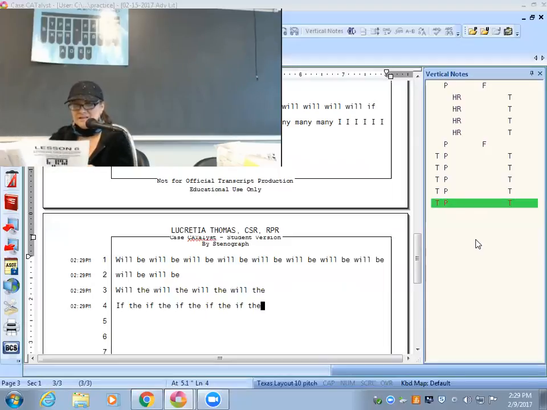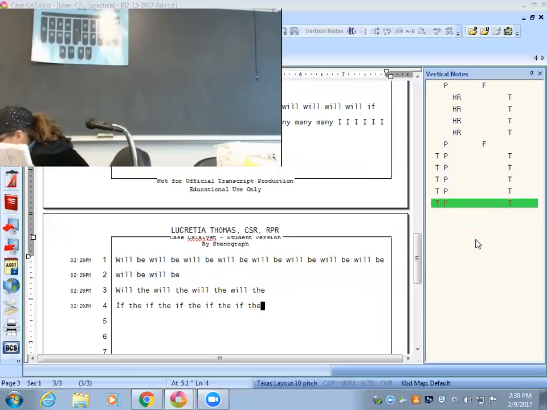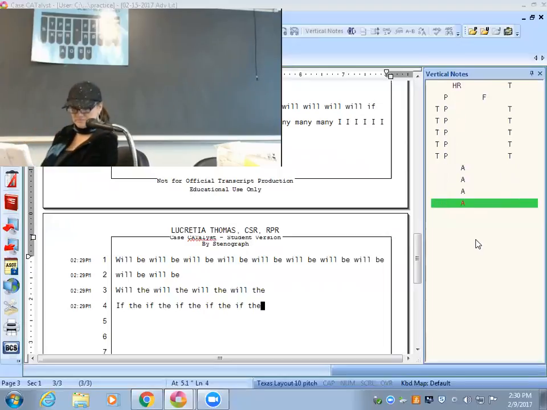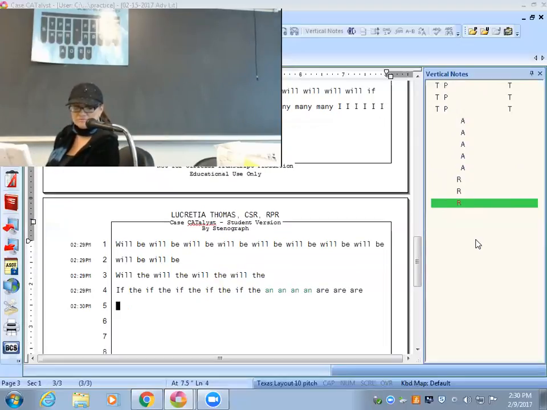And then like Lesson 6, we have A is A. Just A by itself. And then you have R is initial R, R by itself. B is PW.